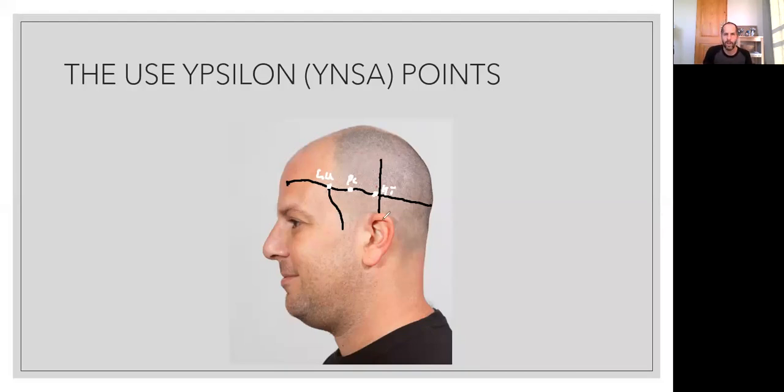The next two points, one is located right down here at the root of the ear, which is the gallbladder Ypsilon point. Now the gallbladder Ypsilon point will release tension around the gallbladder channel, so it also has an effect on the temporalis muscle. As you can see, I'm doing a lot of work on the temporalis muscle.